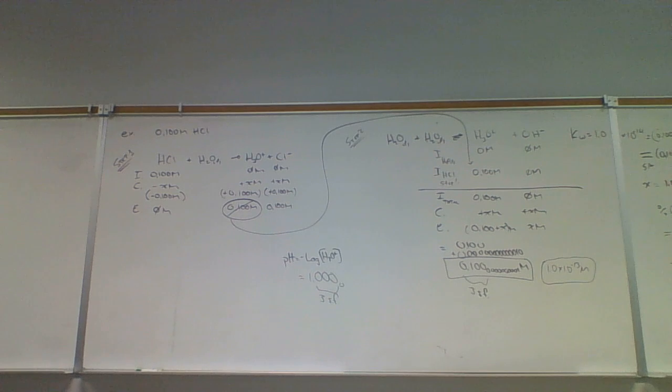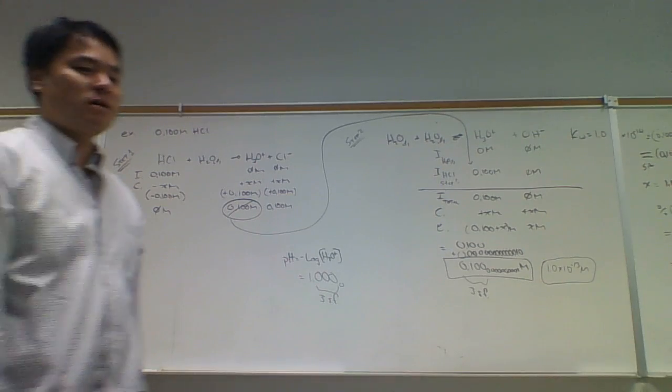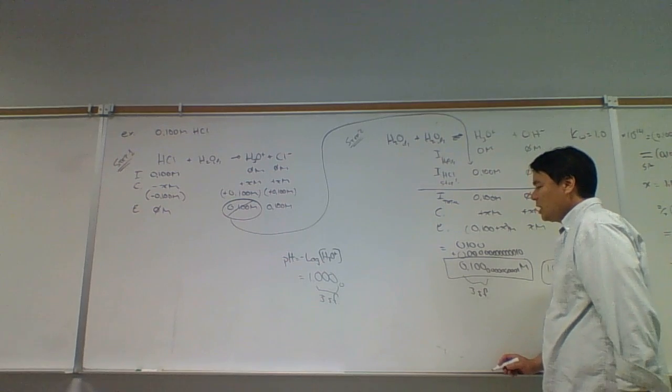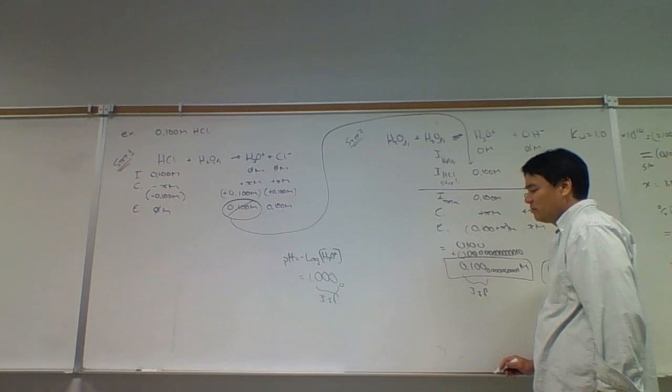Now, we did this using the stepwise approach. And with the stepwise approach, we always have to check something. This is the check to see if the stepwise approach is valid.